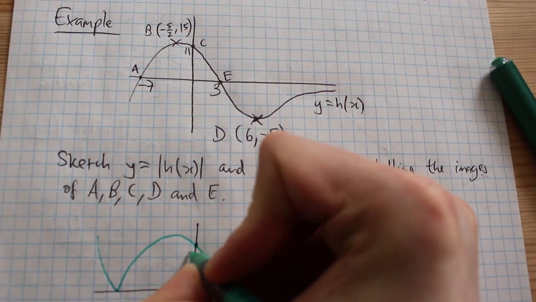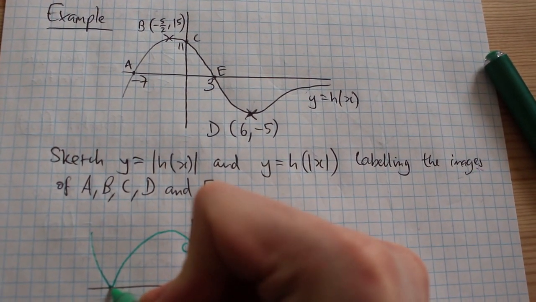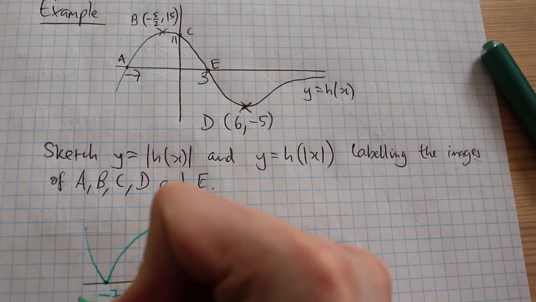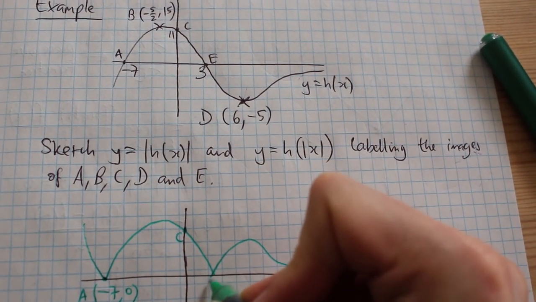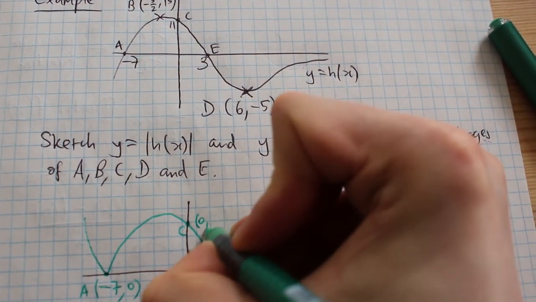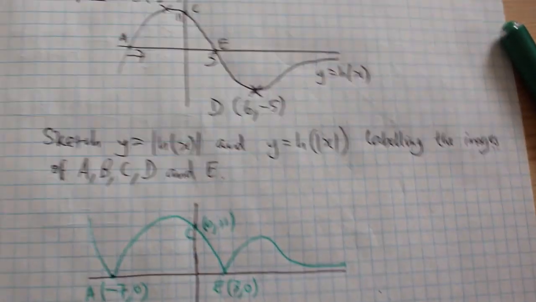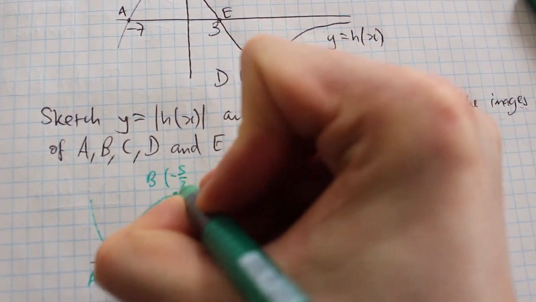So we can see A, B, C, and E all stay in the same place. So this is A, this is still -7, 0. E is still 3, 0. C is still 0, 11. And B is still -5/2, 15.